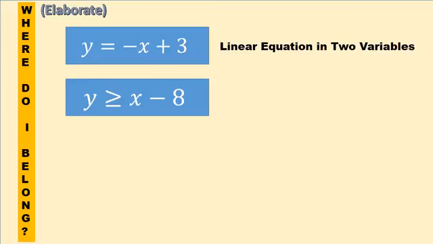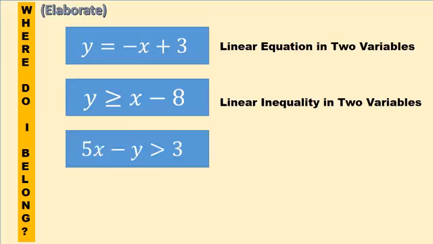Time's up. What is your answer? Yes! Congratulations again. You've got a correct answer. It belongs to linear inequality in two variables because of the sign greater than or equal to.